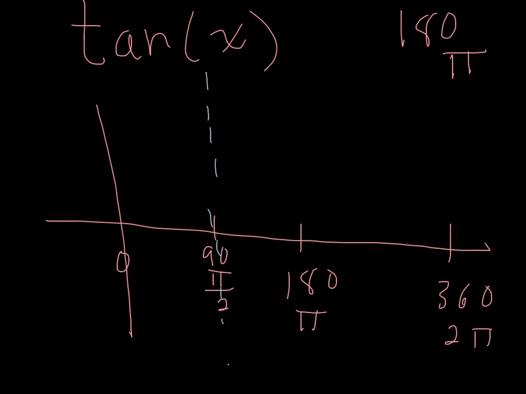Now what happens is, starting here, the tangent starts at 0. Now it's going to go up, and it's going to almost touch the asymptote, but not quite. And after the asymptote, it comes up from the asymptote, almost touching it, and goes to 180. Looks something like that. So that's one period of the tangent.